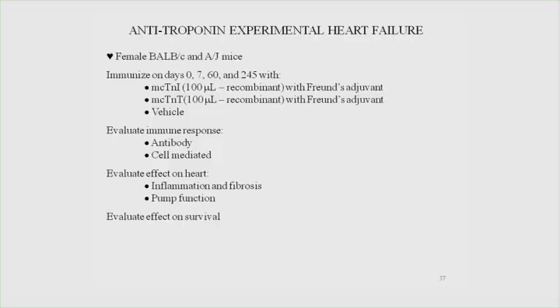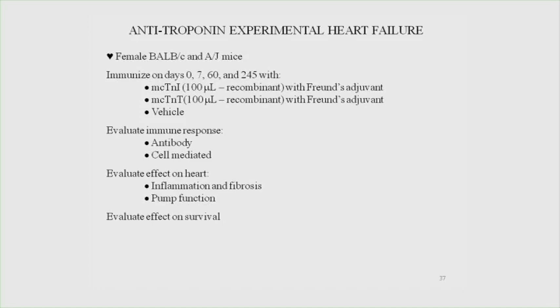Freund's adjuvant are proteins found in bacteria that mice and humans have been exposed to. They're going to rev up the immune response so the immune system will recognize the material, troponin I, that we are immunizing you with.